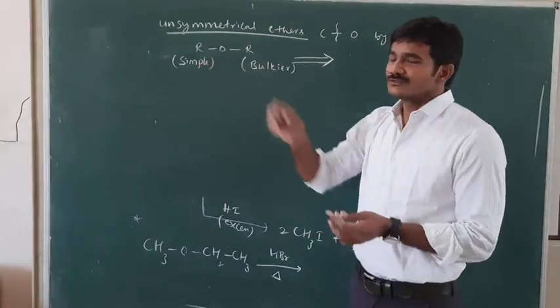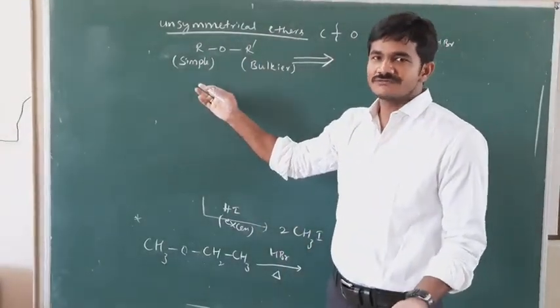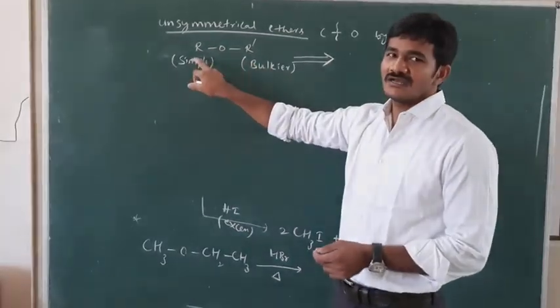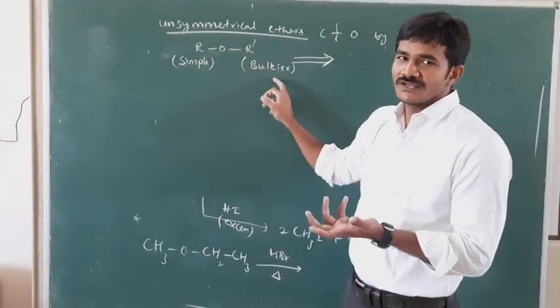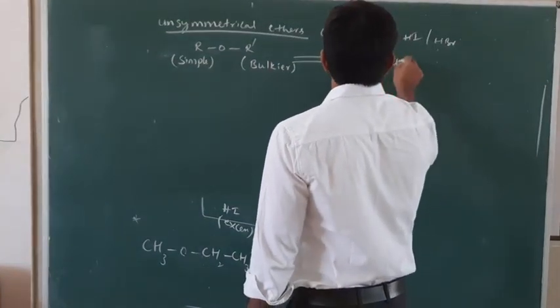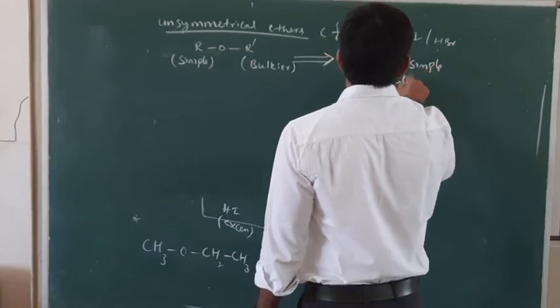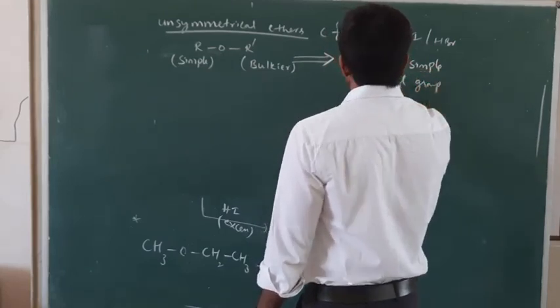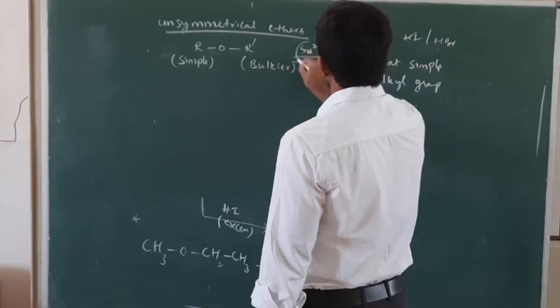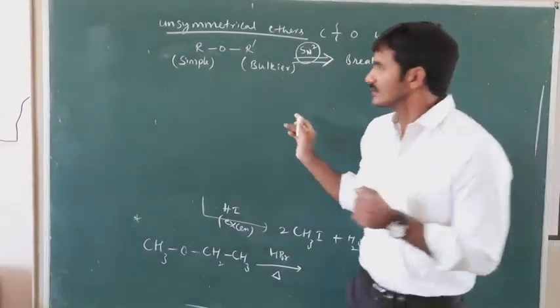Both are alkyl groups, one is simple, one is bulkier. Simple means CH3 or C2H5. Bulkier means compared to this alkyl, it has more branching. In that case, break at the simple alkyl group, because this follows the SN2 mechanism. I am not telling the detailed mechanism, I am telling the shortcut for how to break the bond.